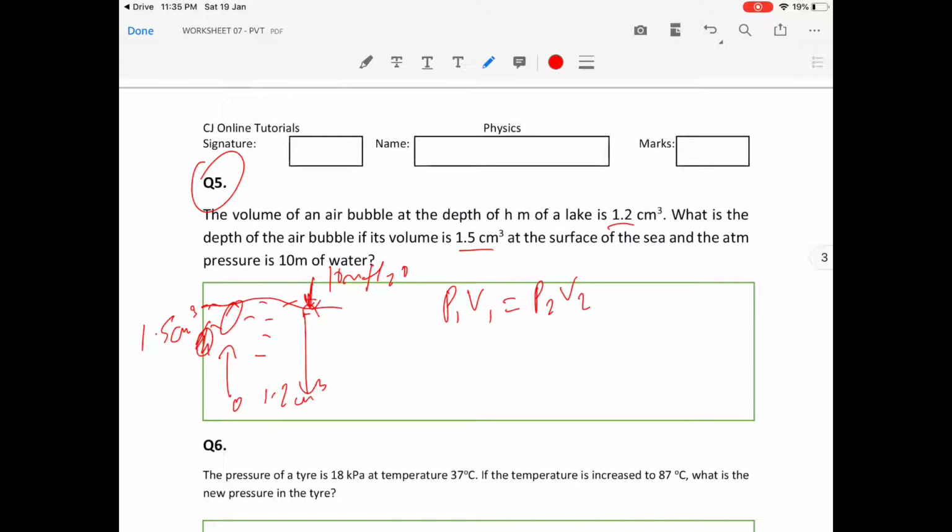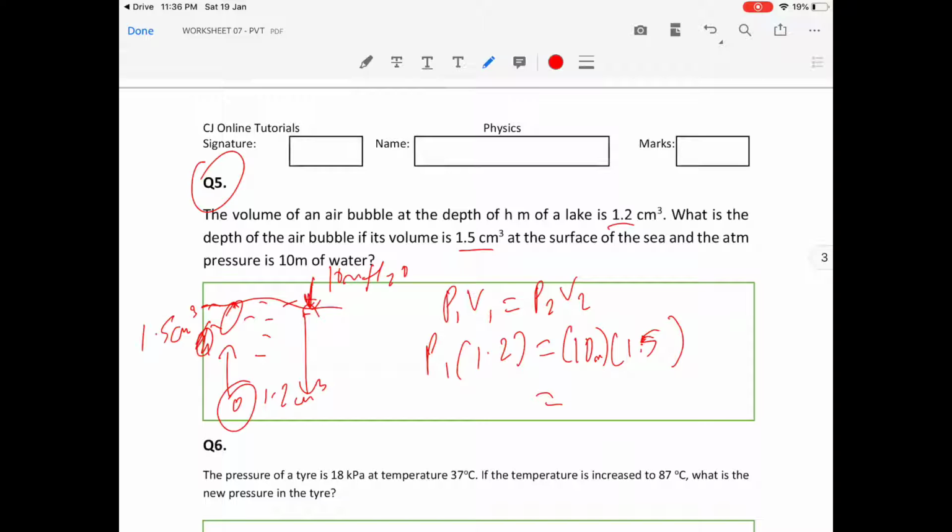The initial pressure, we don't know how deep it was, but the initial volume is 1.2 centimeter cube, and the pressure at the surface is just 10 meters. As I said in the previous question, you can write pressure in meters H2O or pascals, and you can convert one to the other. In this case, I'm just going to leave it as 10 meters. V2 is 1.5 centimeter cube.